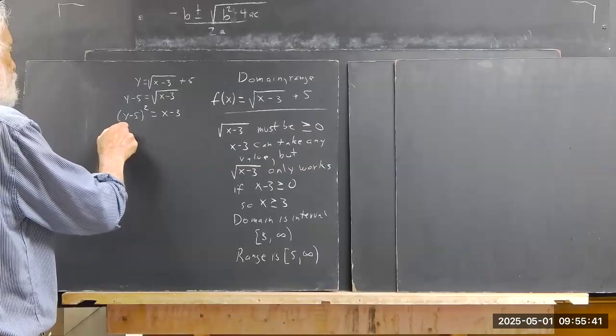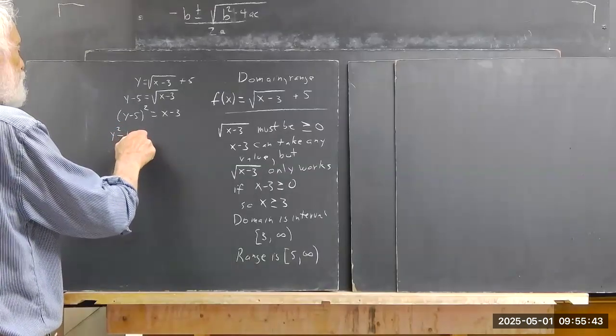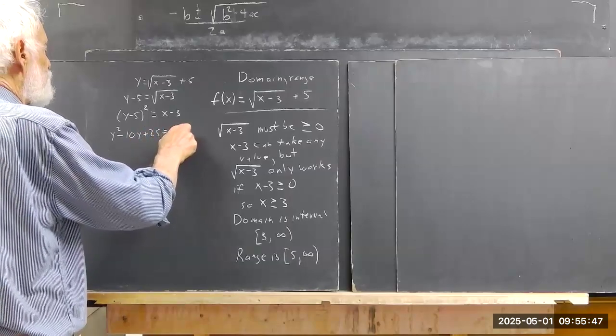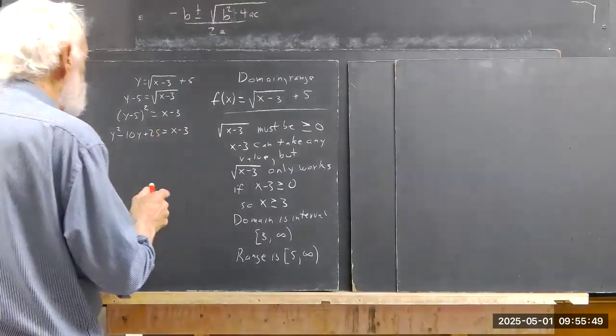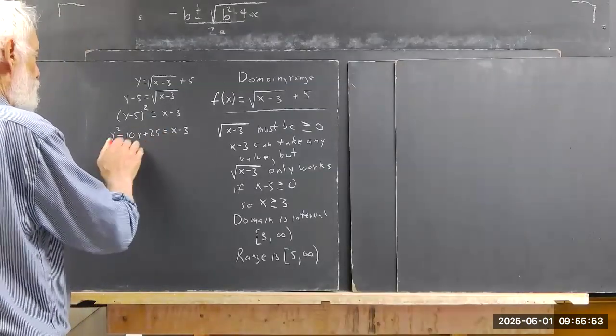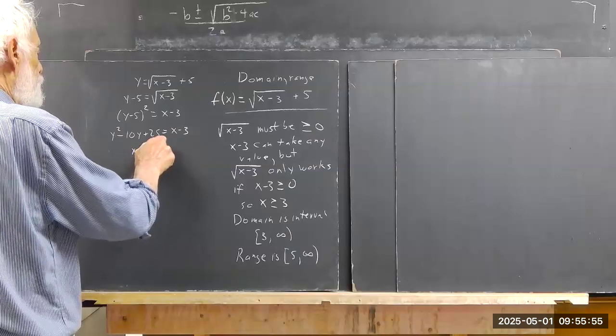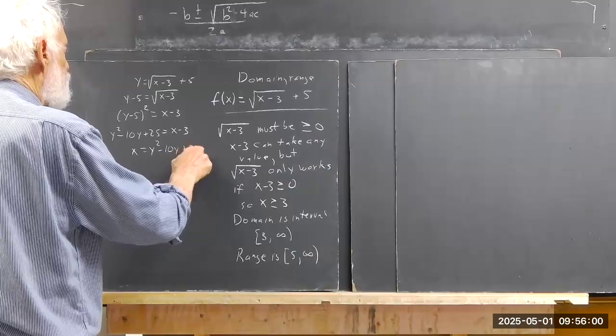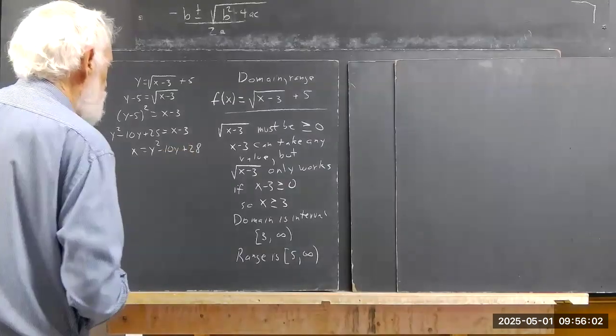So y squared minus 10y plus 25 equals x minus 3. This tells us that x, if we add 3 to both sides, equals y squared minus 10y plus 28.